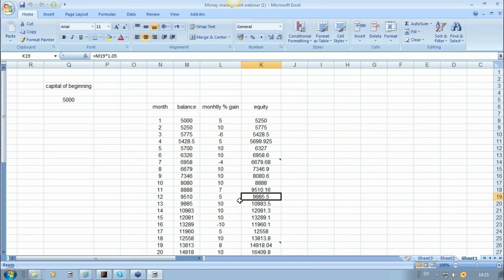And at the end of the first year, the 12 months, I have 9,900, almost $10,000. After a whole year, is that a lot? No. But how can anyone expect a lot when we started with just 5K?